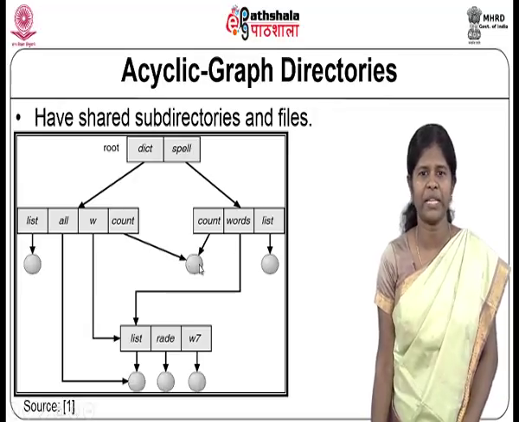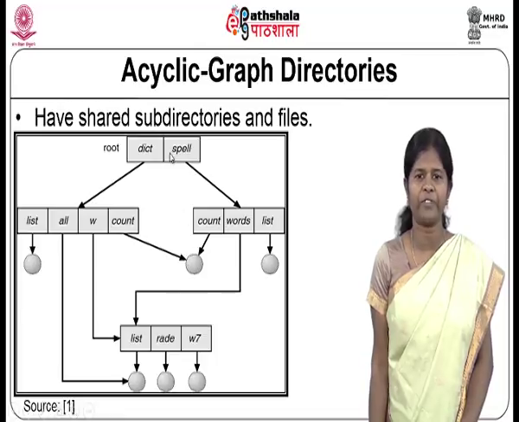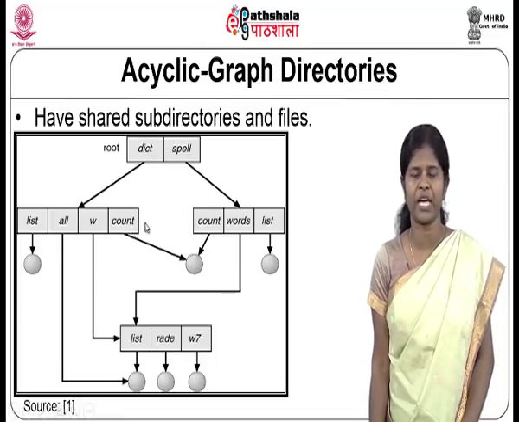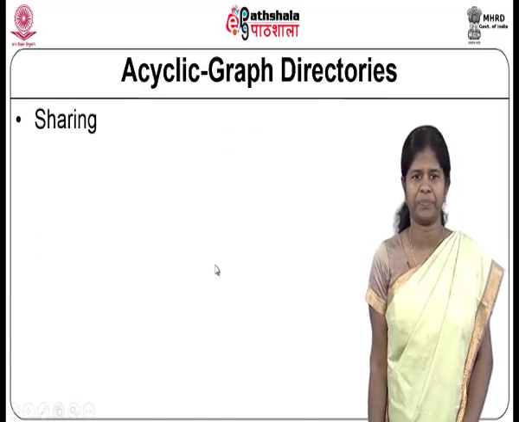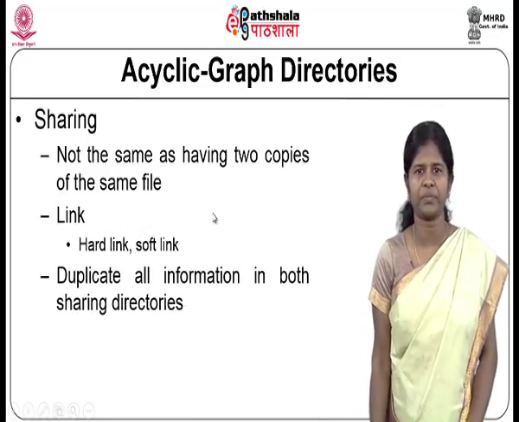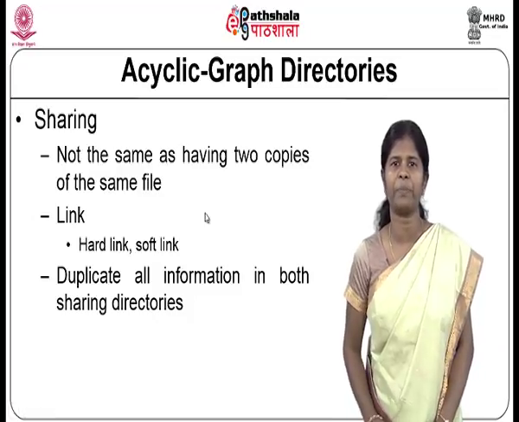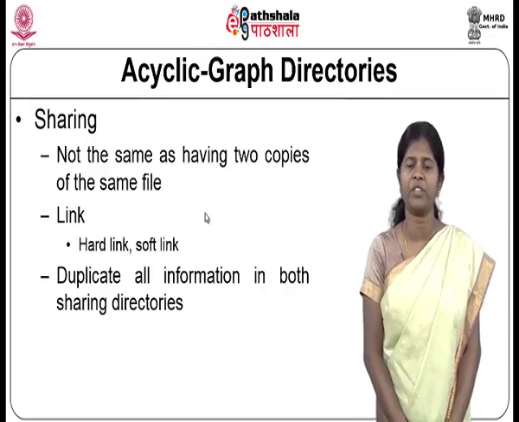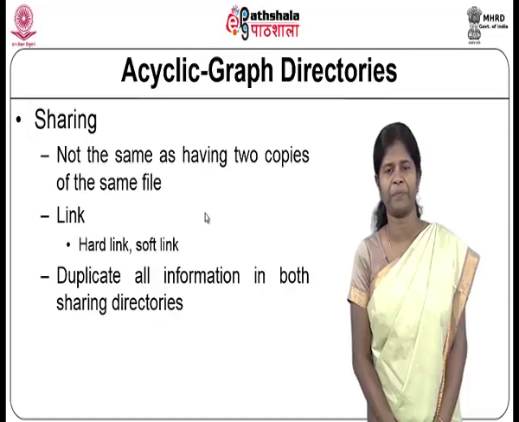Here you see that there are two different path names for this particular file. This file can be accessed using the path name dict/count or using the path name spell/count. So, here sharing is allowed, and this will be helpful especially when there are two people working on the same project and they have a directory which contains files which need to be shared between the two people.